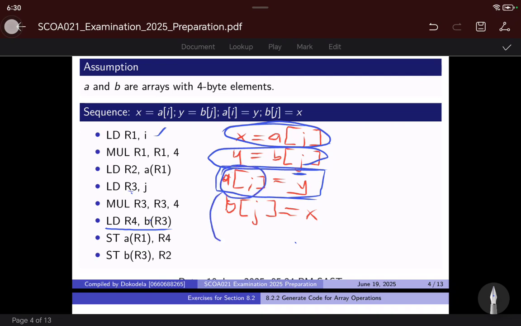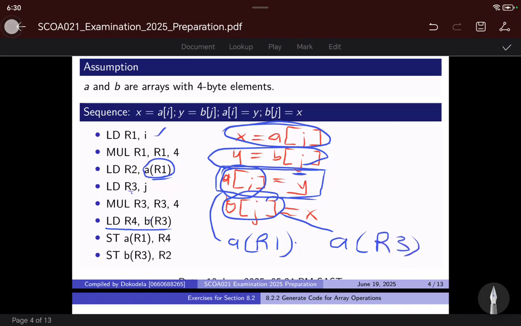We know what this is. It's A, R1. And we know what this is. This is A, R3.